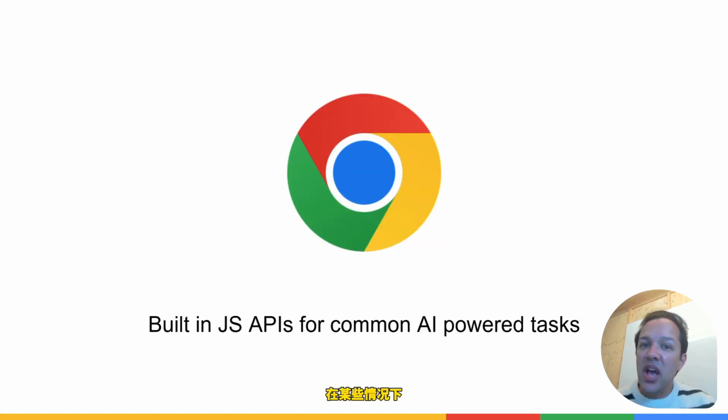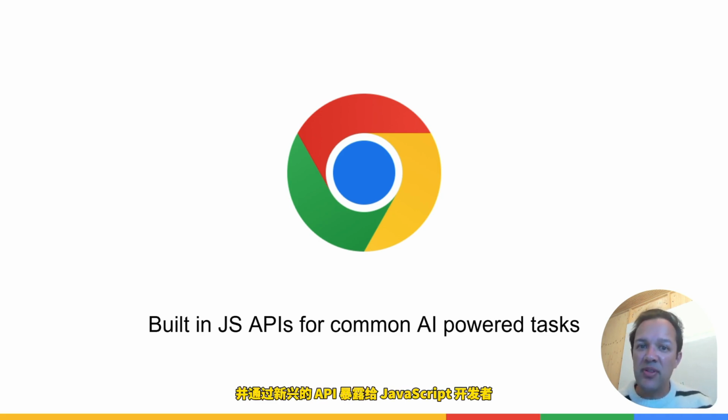And in some cases, the model may even be built into the browser itself and exposed to JavaScript developers via emerging APIs for common tasks like prompting, summarization, and translation.